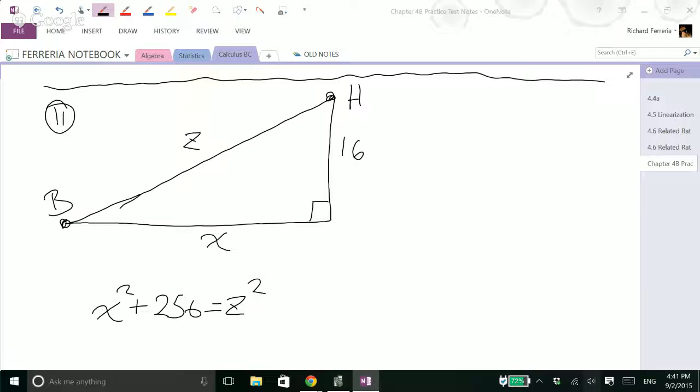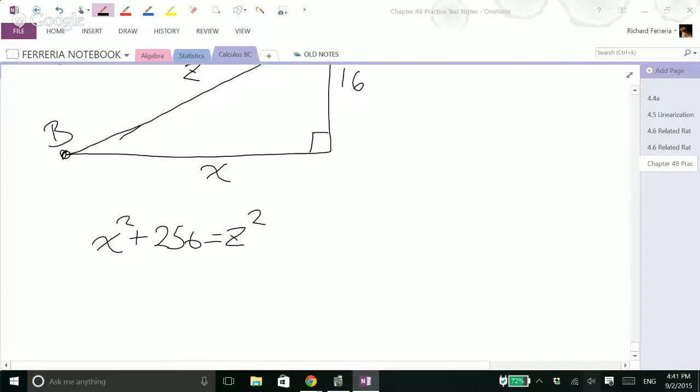What do we do first? We just want to know how fast the boat is approaching the dock, right? So we are down to a good number of variables. Derivative time.